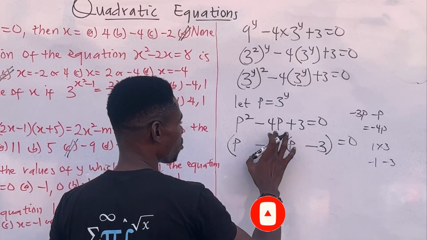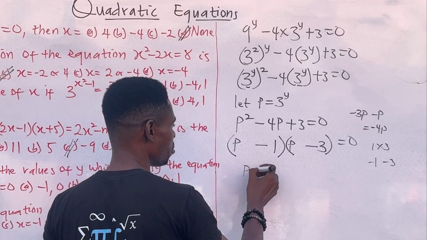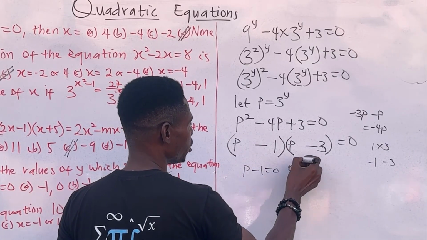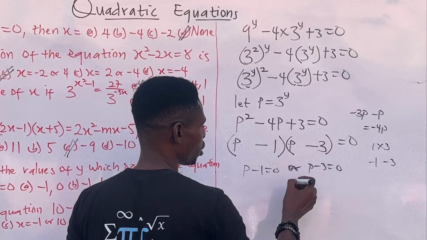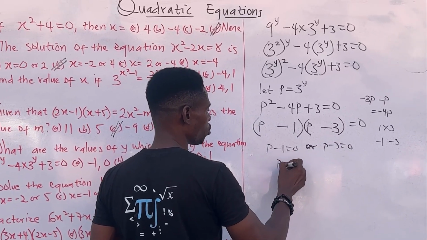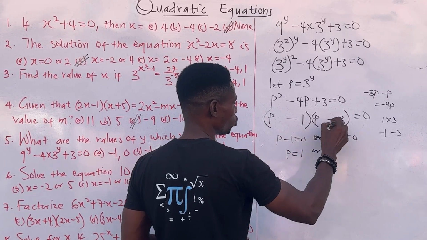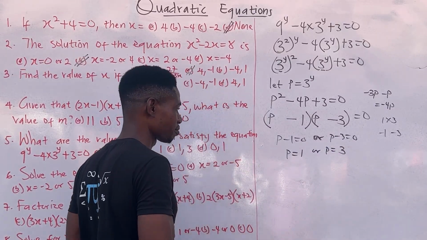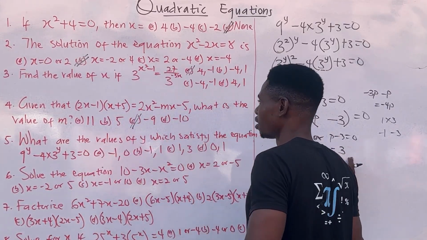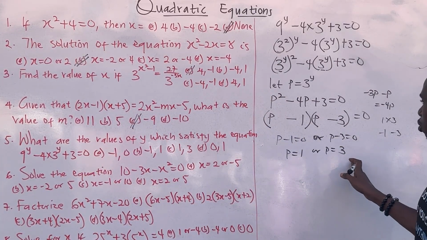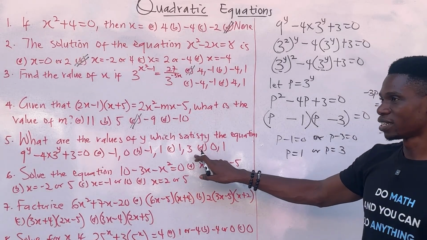So remember, if the product is equal to 0, either the first, p minus 1, equals 0, or the second, p minus 3, equals 0. So from here, p equals 1 or p equals 3. If you are not sharp, you will just pick your answer 1 and 3.